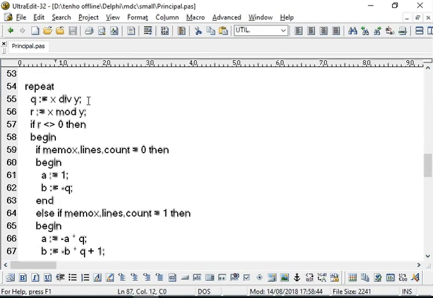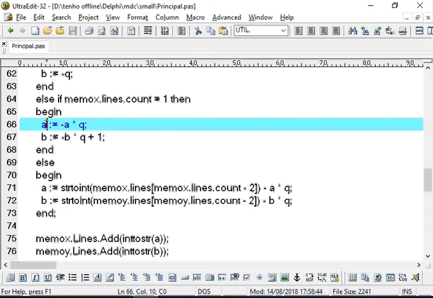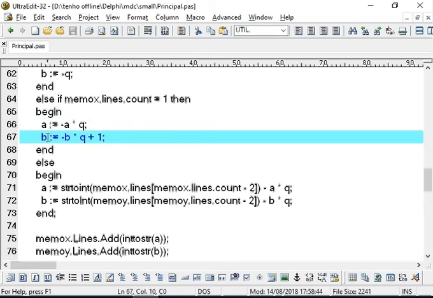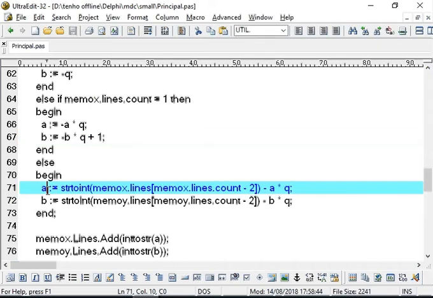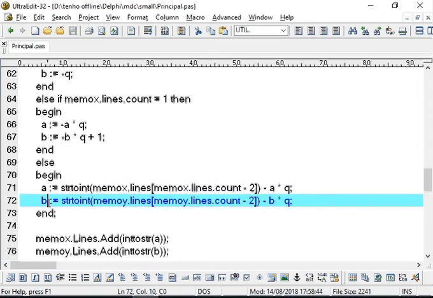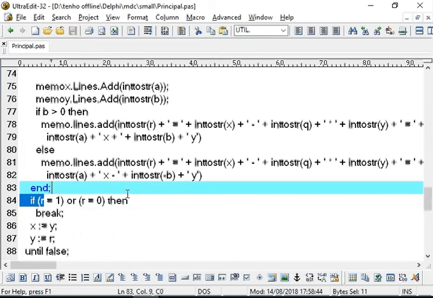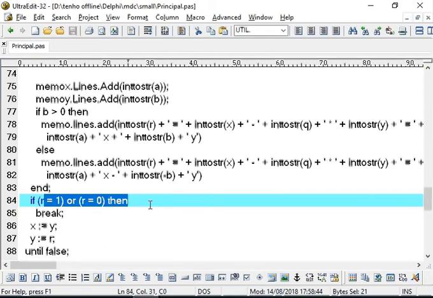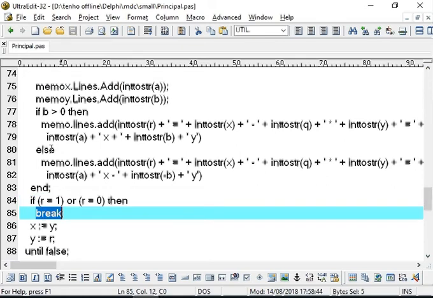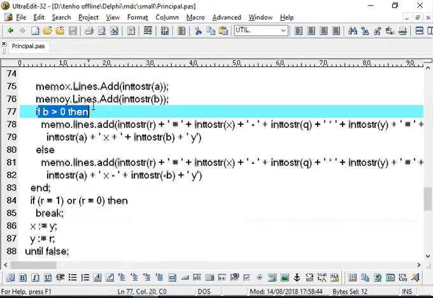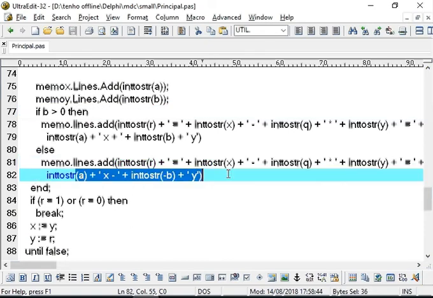Then we'll divide x1 by y1. We'll have a1, b1. After that, we'll have a2, b2, a3, b3, a4, b4, a5, b5, and the remainder is indivisible. So break and return B, return A.